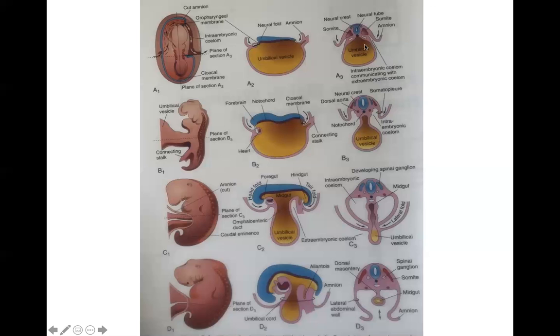And what's going to happen as these sides fold over is that coelom is going to get significantly larger, right? This is that intraembryonic coelom that we talked about, and it gets a lot bigger, and this is eventually going to become the thoracic and the abdominal cavities, right?